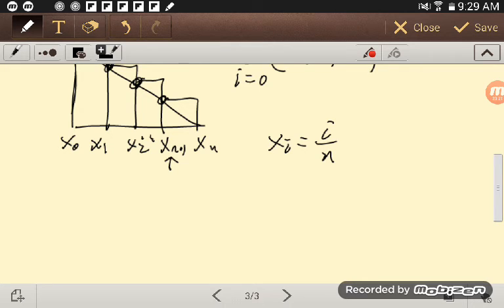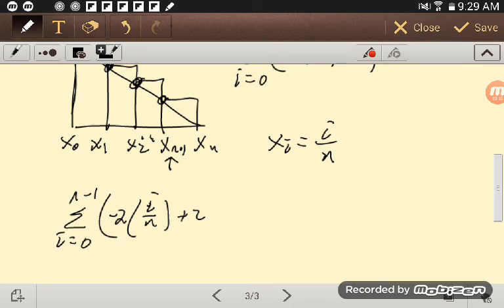So we have the sum i equals 0 to n minus 1 of minus 2 times our x sub i, so that was i over n, and then plus 2, and all times 1 over n.